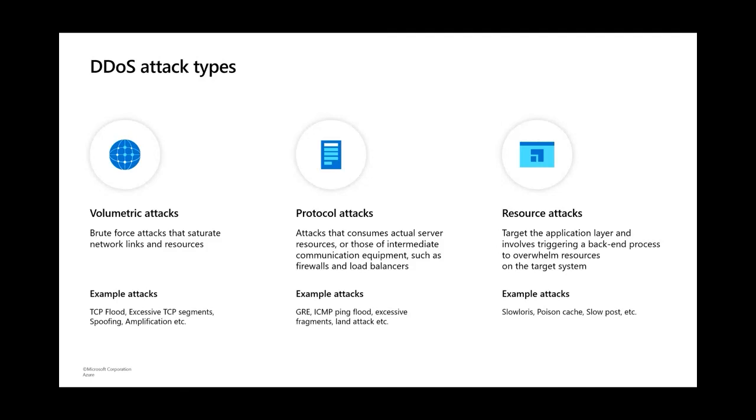And then last but not least, we have the resource attacks, or the application layer attacks, which are layer 7 attacks that target the backend servers. The goal of these attacks is to exhaust the resources of the target application and abuse flaws and vulnerabilities in the application itself. So let's say, for example, targeting how web pages and web servers handle HTTP requests.